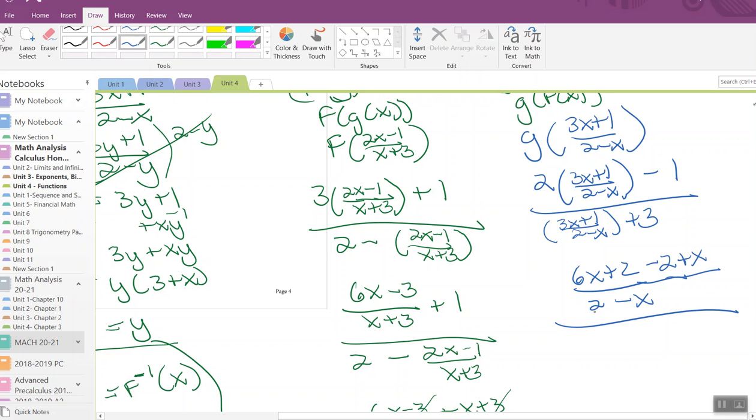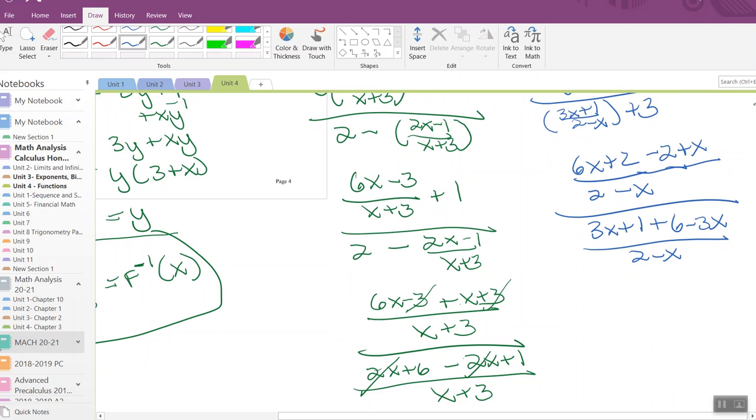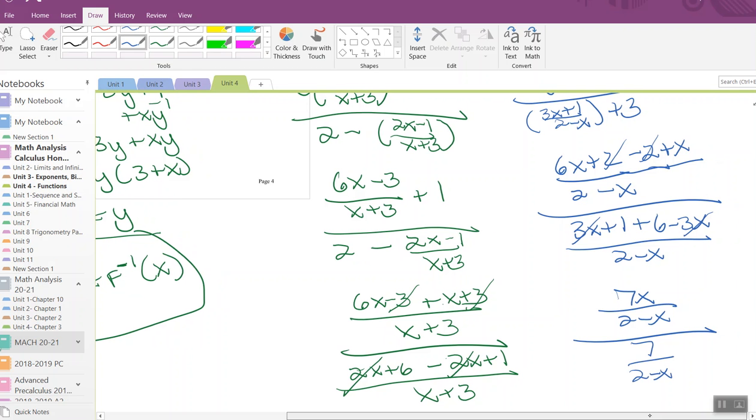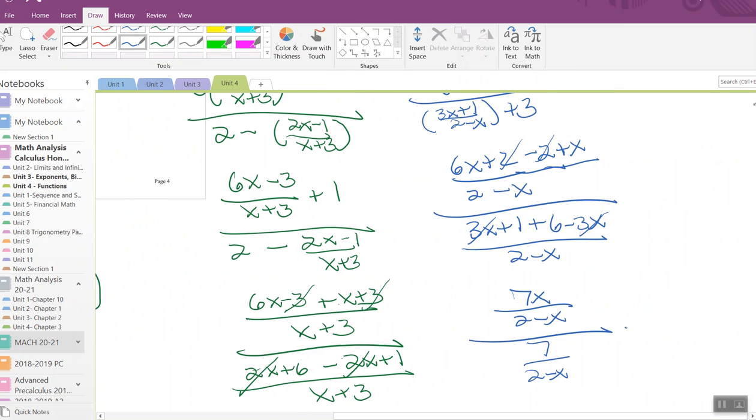And then here, you get 3x plus 1, and then you get the common denominator, you get plus 6 minus 3x over 2 minus x. So then notice the 2's here cancel, so you have 7x over (2 minus x). And then the 3x's cancel, so 7 over (2 minus x). And notice when you divide, you multiply by the reciprocal.